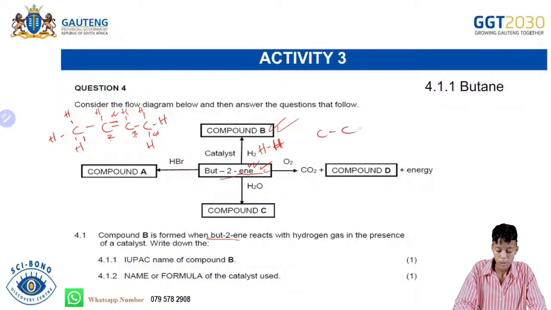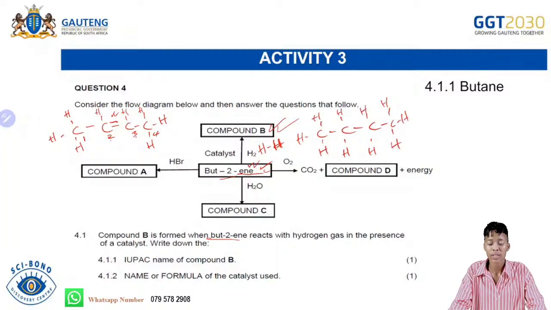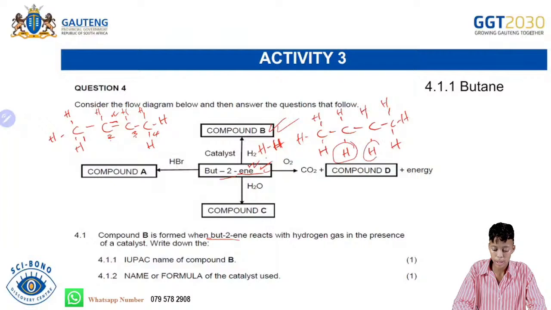So therefore, your structure will be that. On the first carbon, 3 hydrogens, second carbon, 2 hydrogens, the third one, 2 hydrogens, and the last one, you have 3 hydrogens.